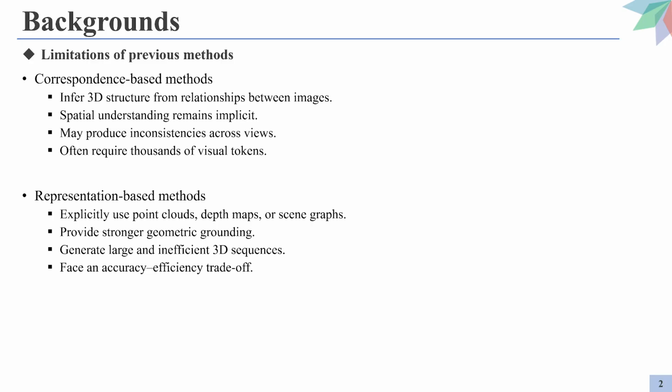Since the language model processes information as a sequence, these representations must be converted into a manageable number of tokens. This creates a trade-off. Using more tokens preserves scene details but increases computation, while using fewer tokens improves efficiency but may remove important objects or spatial relationships.